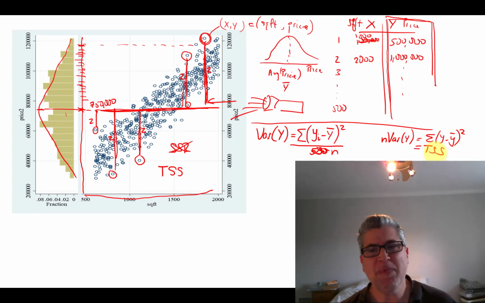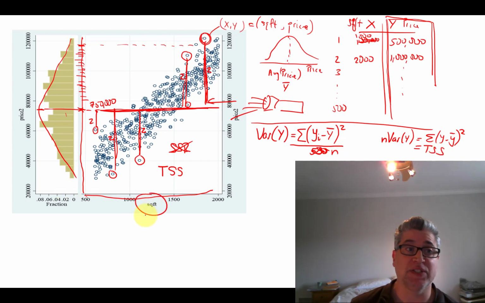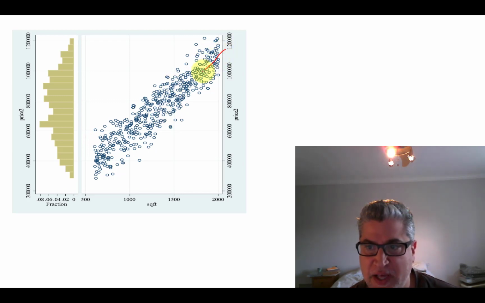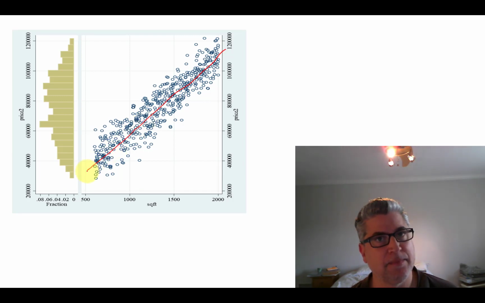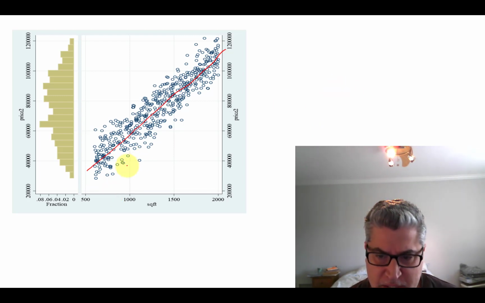Now let's see how much better a regression line is where we actually use information about square footage. If we were to run a regression on this data, we'd get some kind of best fit line that looks something like that. Now, how good is this line? Well, it's not perfect, but let's take this point here.